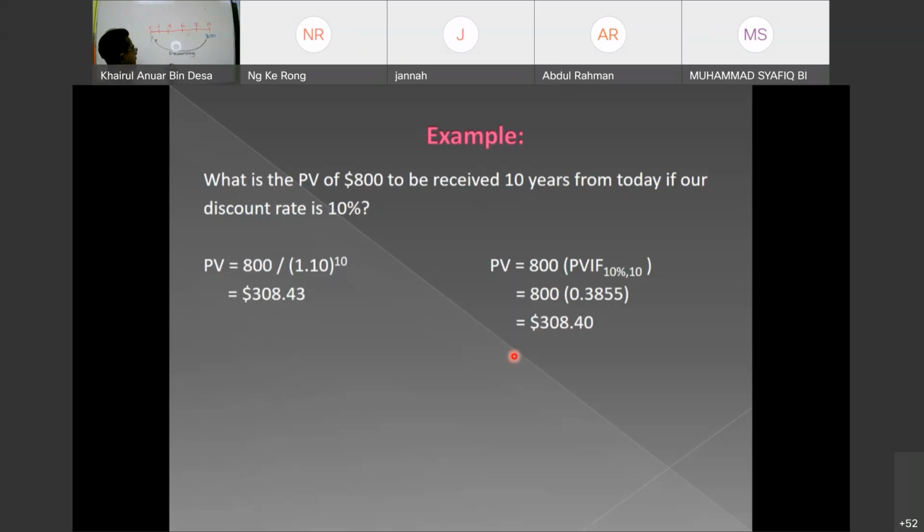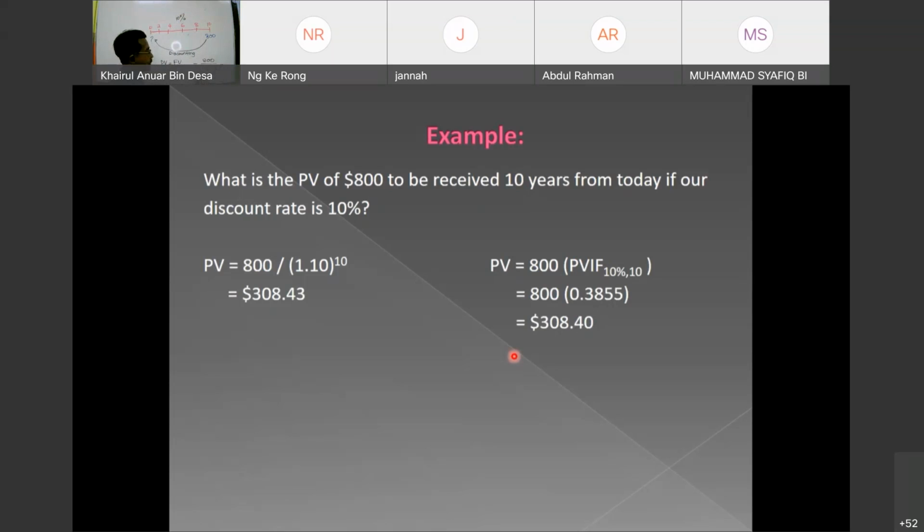So the formula is present value. Sekarang kan, sekarang is present value. Future value over 1 plus I in power of n. So 800 over 1 plus berapa persen tadi? 10%. For 10 years, in power of 10.